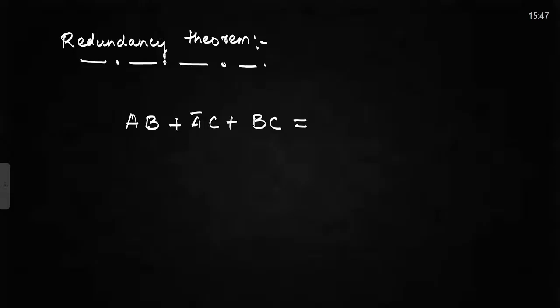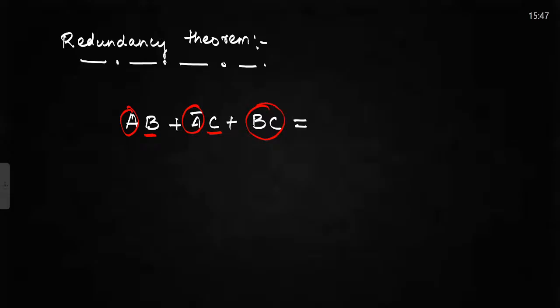If this is my equation, what the redundancy theorem states is: in an equation, try to find terms where one is a normal term and one is a complement term. Here I am having A as normal and here A bar as complement. Then I need to find the remaining terms, so B and C must be available as the other term.